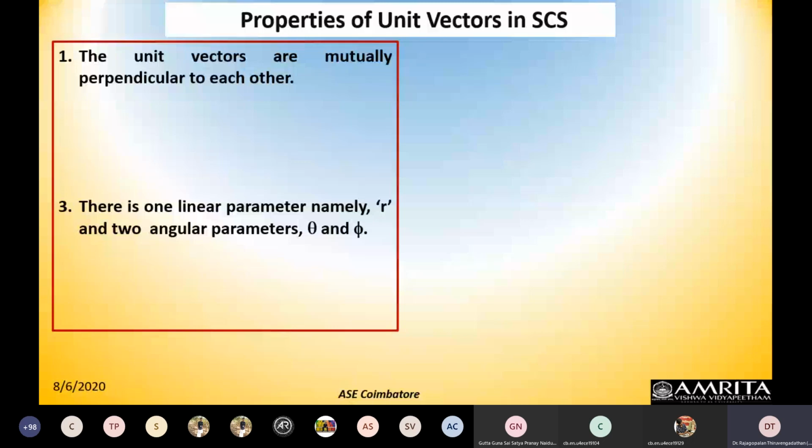But in the case of cylindrical geometry that we saw in the last class, you can reach any point on the cylindrical surface with just one angular parameter and two linear parameters. The two linear parameters in cylindrical symmetry correspond to the radial direction and the height of the cylinder.